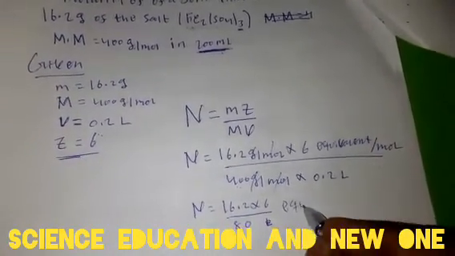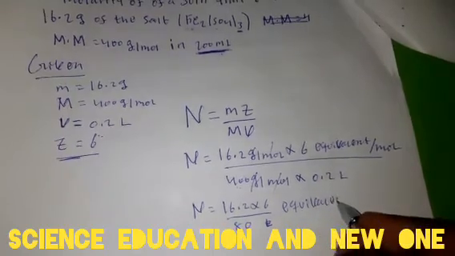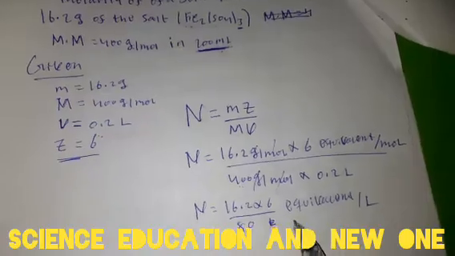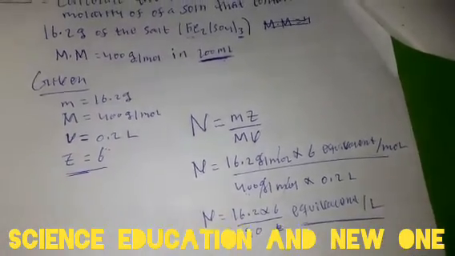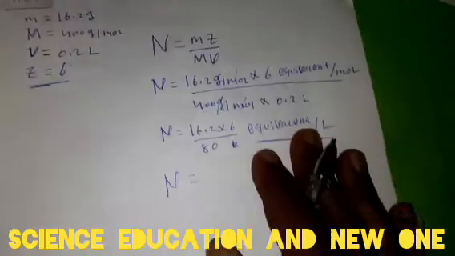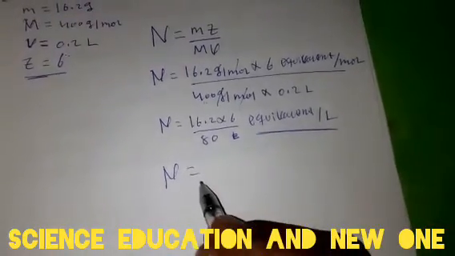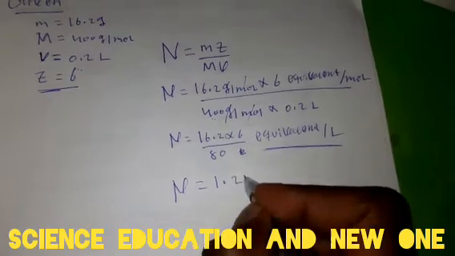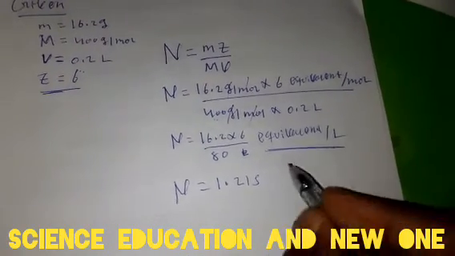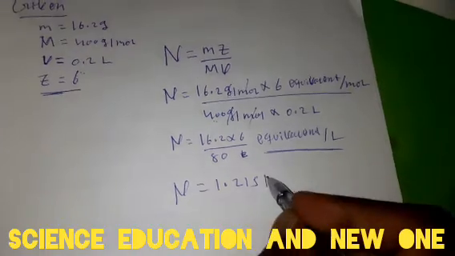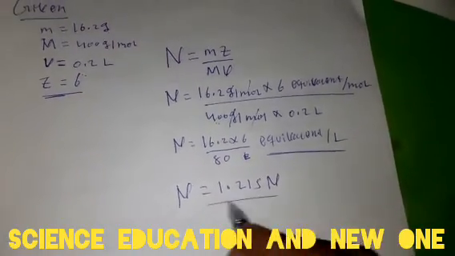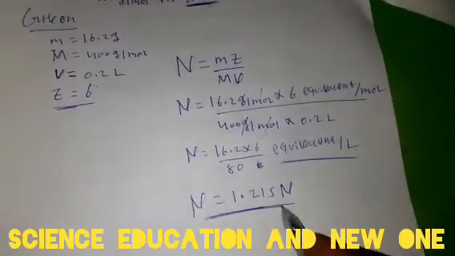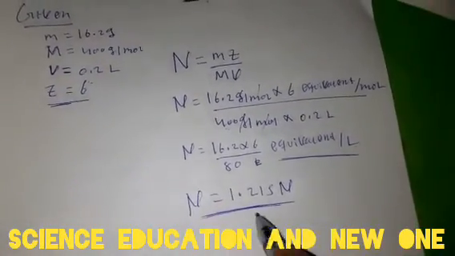Equivalent per liter is the unit of normality. Then normality is equals to 1.215 N, or equivalent over liters. This is our end result.